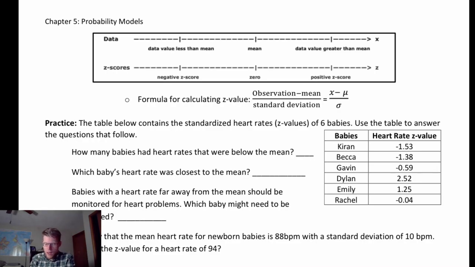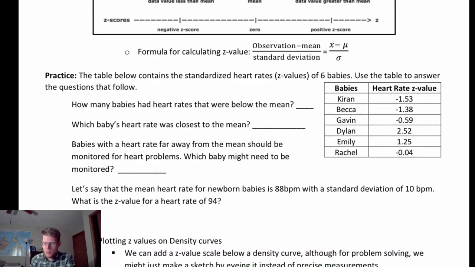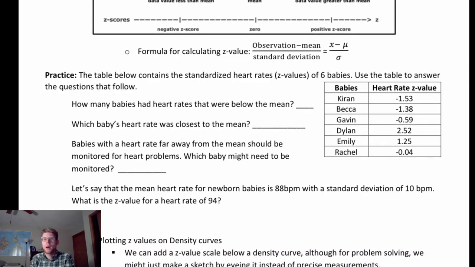Okay? So as an example here, we have some z-values for some heart rate data for newborn babies. Apparently there's a distribution of heart rates that we see for newborn babies, and these 6 babies have been extracted from that data set for us to compare.